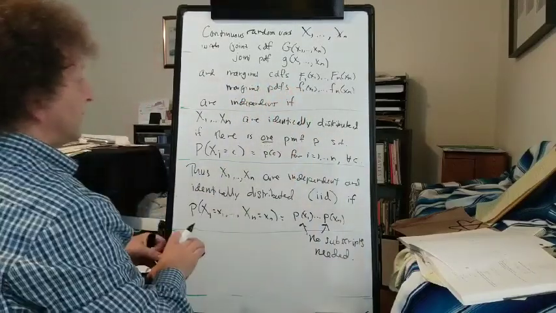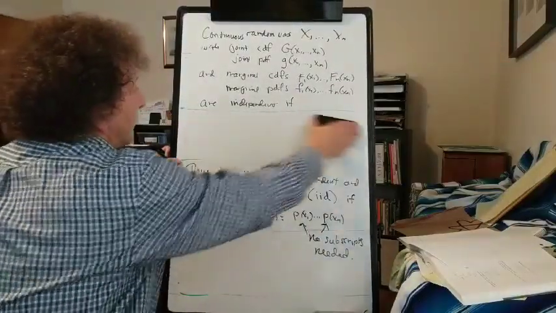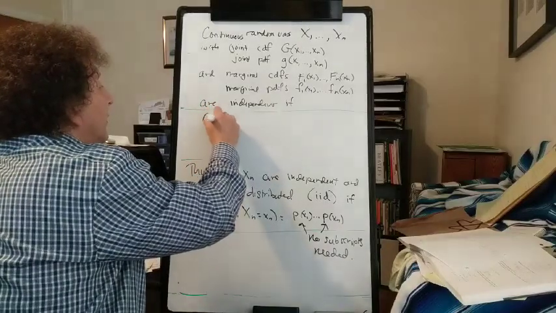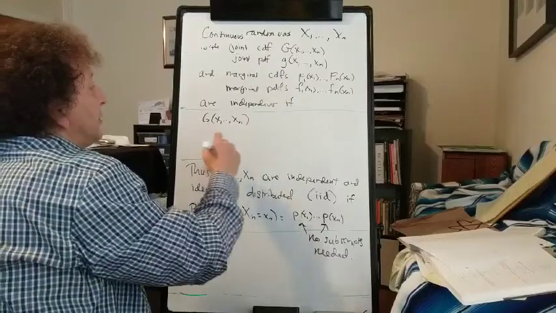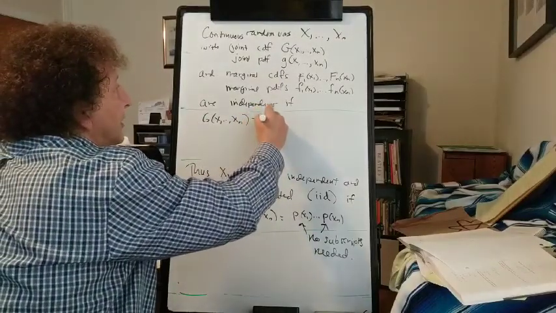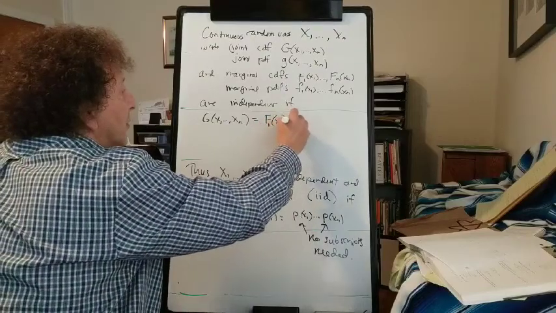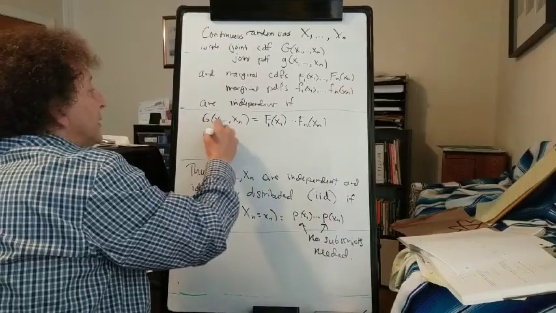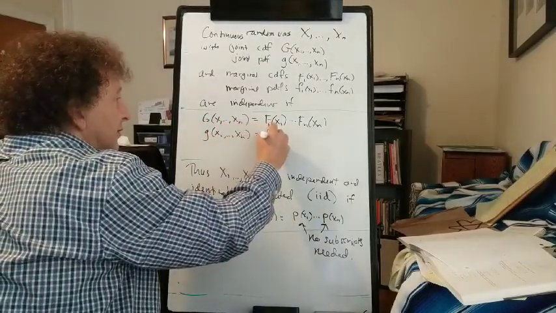So these are independent if the joint cumulative distribution function factors as a product of the marginals, or equivalently if the joint probability density function factors as a product of the marginals.